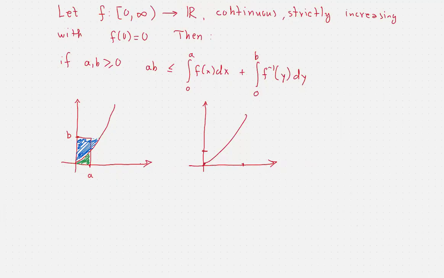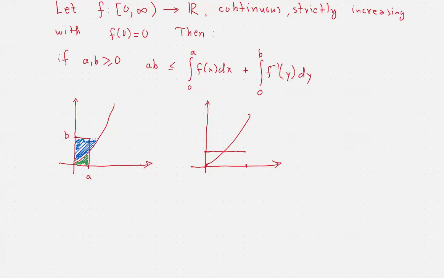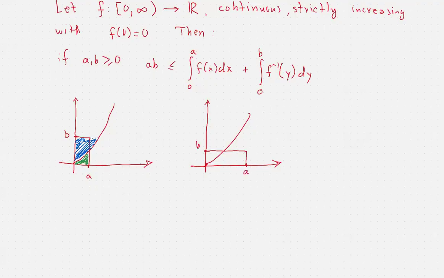So here's A, here's B. So now the integral of the inverse will be exactly that, whereas the integral of the function itself is going to be this one. Okay. And of course, we can see that in this case, we also have the inequality, obviously.